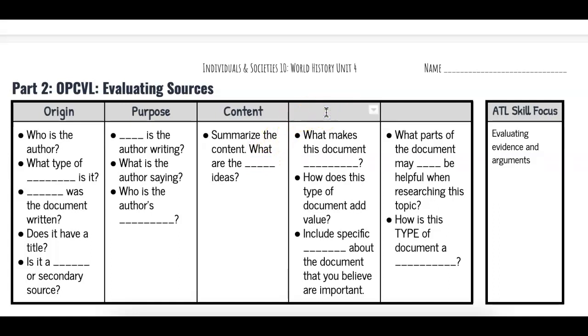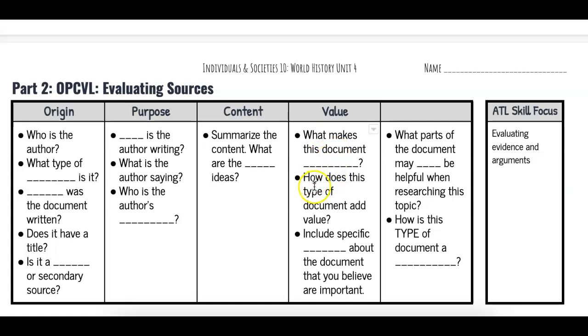Fourth, we have the letter V, and the V stands for value. There are a lot of sources out there, and some of them are more useful than others. So we want to make sure that when we look at a source, it has some kind of value or adds some kind of weight to an argument. What makes this document valuable? First, why is this an important document?